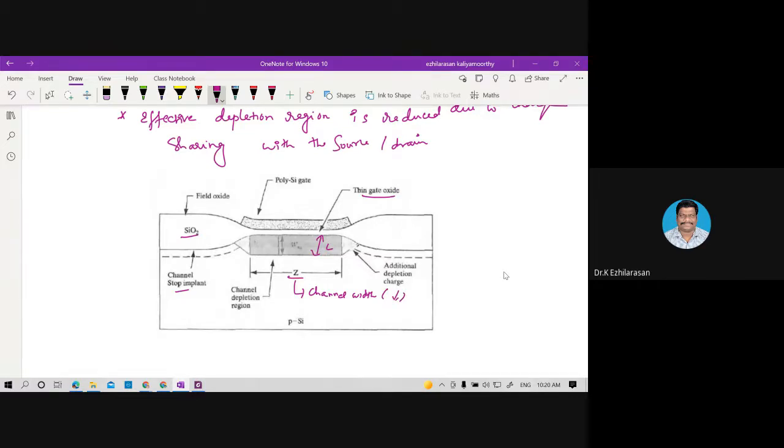This is one of the second order effects, or I can say it is one of the short channel effects. But as I mentioned earlier, it is not so important an effect. It becomes important when the width gets less than 1 micrometer.